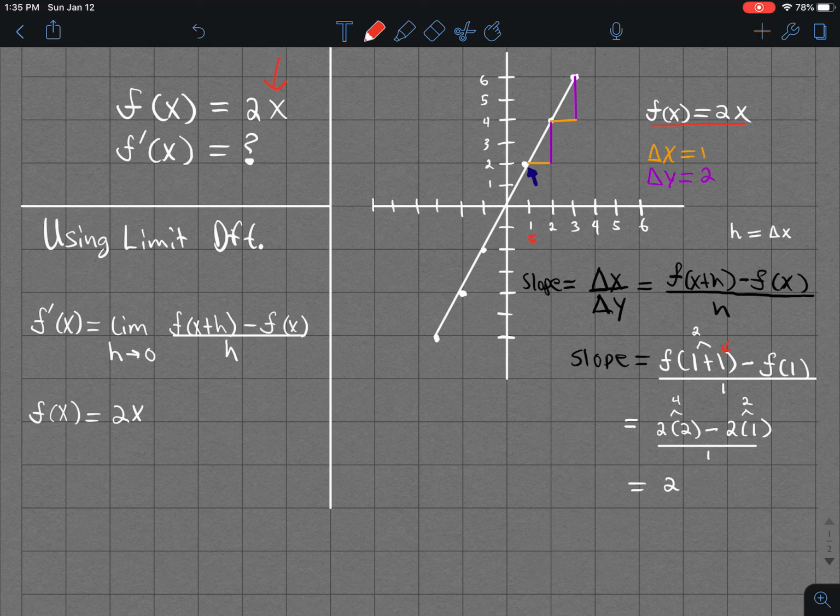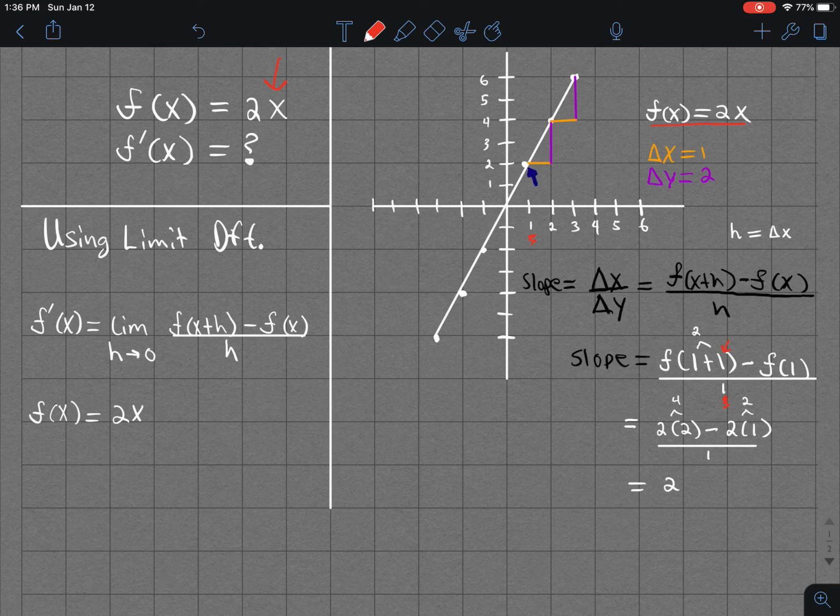We get f of 2 minus f of 1, and the change in x, remember, was just that 1. So we plug this into the function, which is 2x. So 2 times 2 minus 2 times 1, over 1, we get 2. This is basically the slope, the change with respect to x and y.